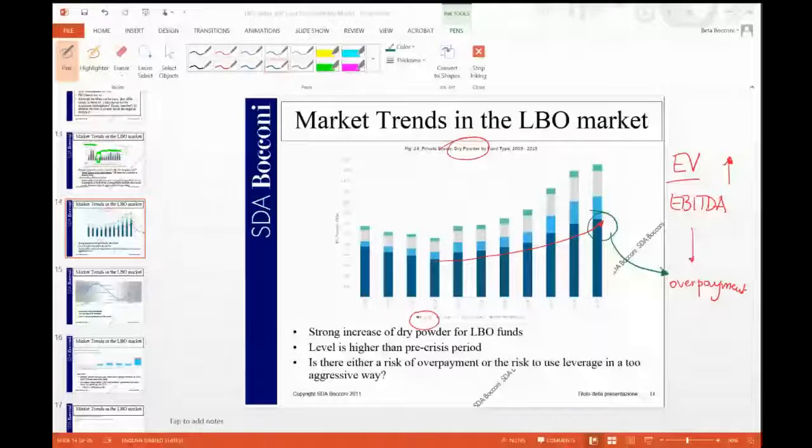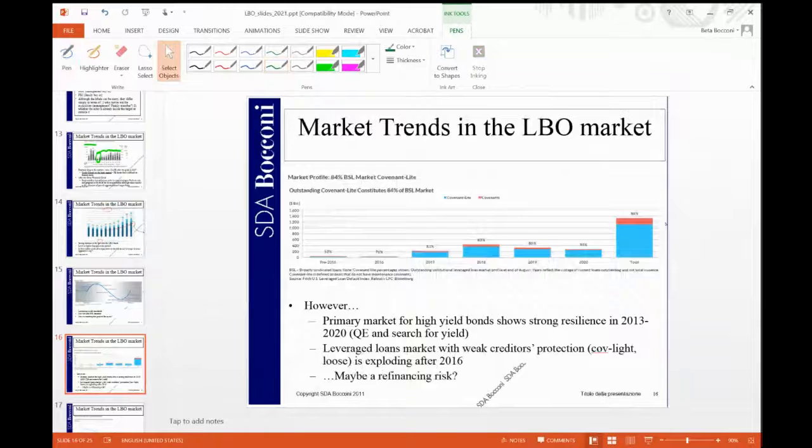But there's more. We have seen that leverage has basically increased compared to the great financial crisis, particularly in the US. Another interesting point is that not only is leverage growing, but a growing number of these loans are covenant light. This chart is giving you the percentages of syndicated loans that are covenant light, so they have only very weak protections for creditors, and it is heavily increasing.